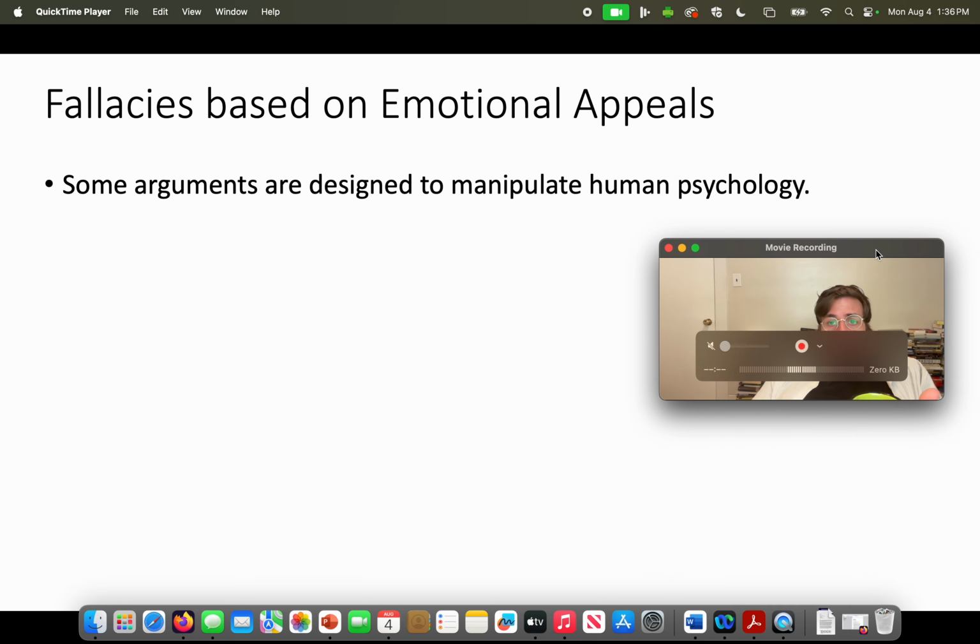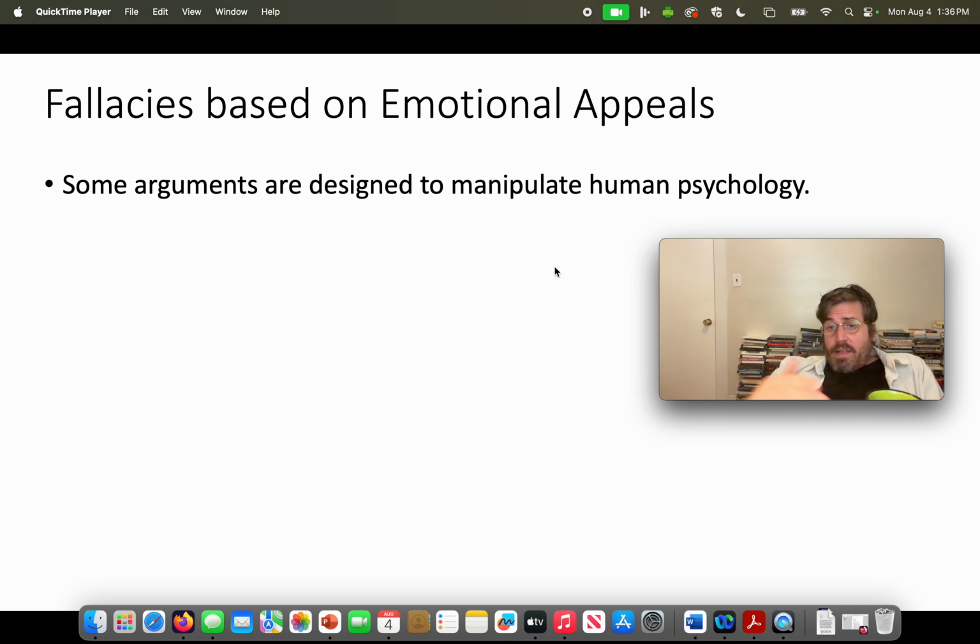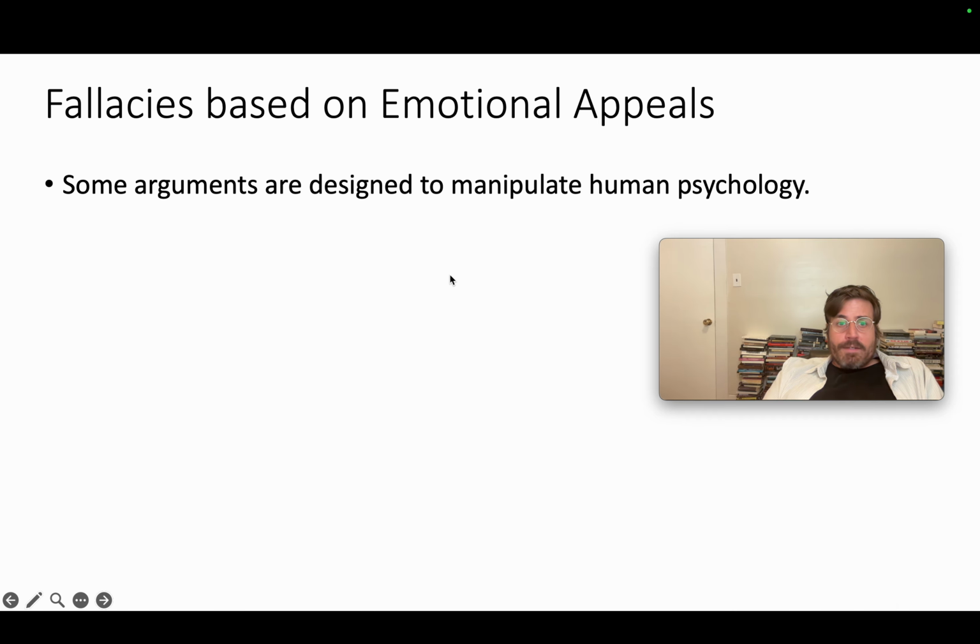Some arguments are really designed to manipulate our psychology. Some arguments are not at all intended as efforts towards advancing a true claim. So we should be aware and become good at guarding ourselves against these manipulations, right? And very often the manipulations occur in commercials, in op-eds, in newspapers, or in political arguments.